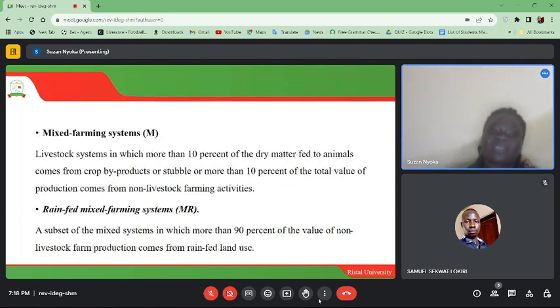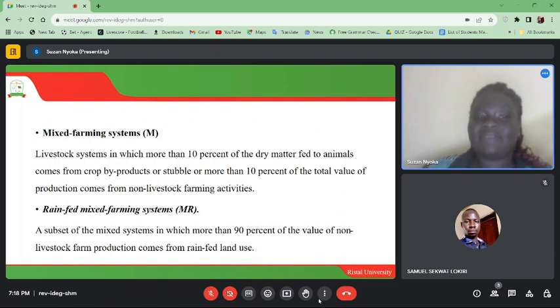And next is the mixed farming system. A livestock system in which more than 10% of the dry matter fed to animals comes from crops, byproducts, or stubble, or more than 10% of the total value of production comes from non-livestock farming activities.